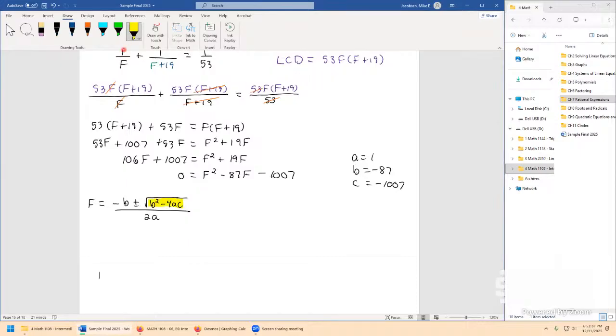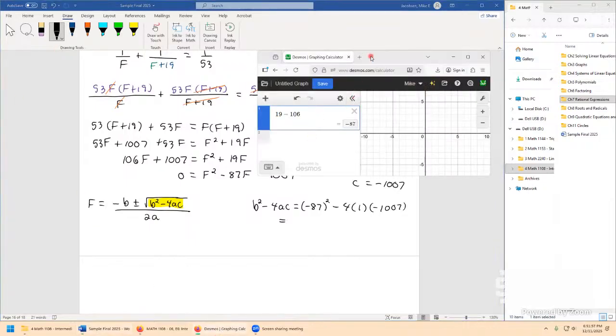From that information there, we can solve for the discriminant, b squared minus 4ac. b squared minus 4ac is going to turn into negative 87 squared minus 4 times 1 times negative 1007. So pretty big number on this one, it looks like.